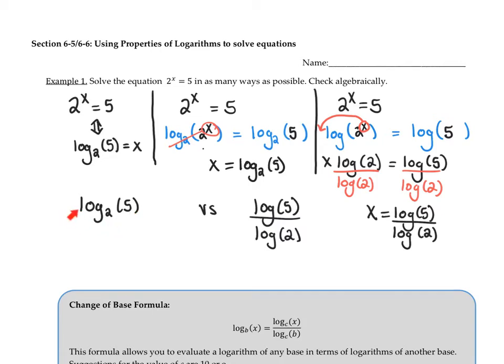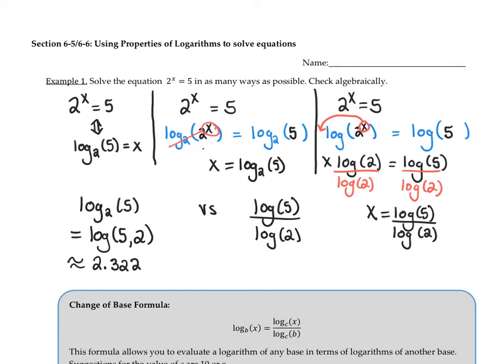They didn't have built-in bases other than common log and natural log. So your only choice really would have been to evaluate this side. If we evaluate in Desmos or in one of the newer calculators, we would enter it in as log 5 comma 2 into some of the newer TI calculators, and we're going to get about 2.322.